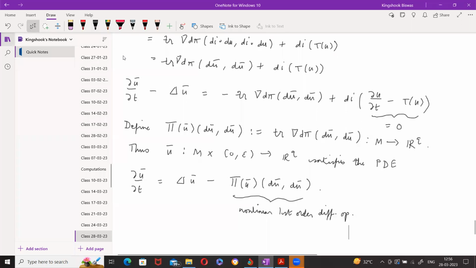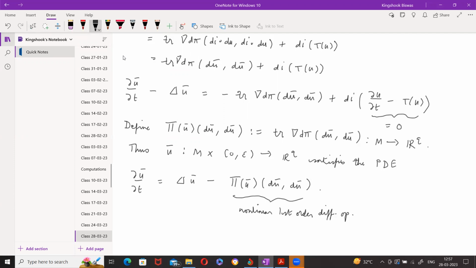Okay, so is the derivation clear? So we proved one direction, that is, if U is a solution of the harmonic maps heat flow taking values in N, if I compose with the isometric embedding into R^q, then I get a solution of this PDE, right?